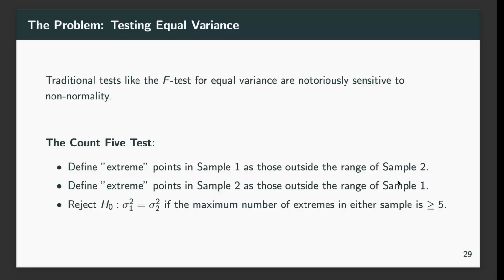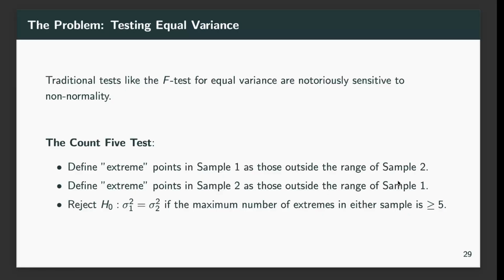So the count 5 test takes a completely different approach. It defines the extreme points. For example, an observation in sample 1 would be extreme if it falls outside the range of sample 2. It doesn't matter whether it is above the maximum of sample 2 or below the minimum.